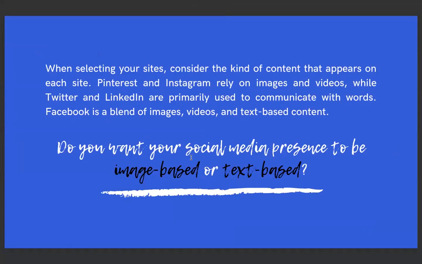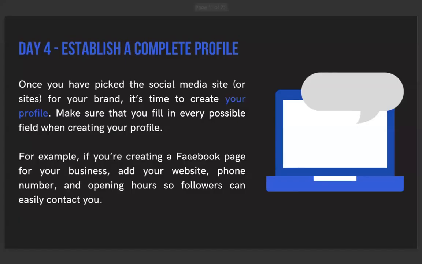Pinterest and Instagram rely on images and videos, while Twitter and LinkedIn are primarily used to communicate with words. Facebook is a blend of images, videos, and text-based content. What do you want your social media presence to be like? Is it image-based, text-based, or video-based? So you decide that after you establish a complete profile.